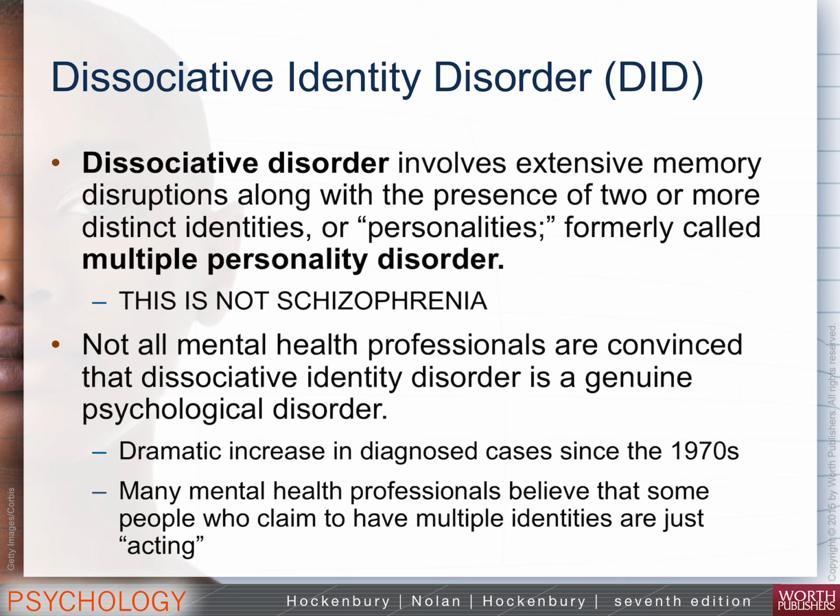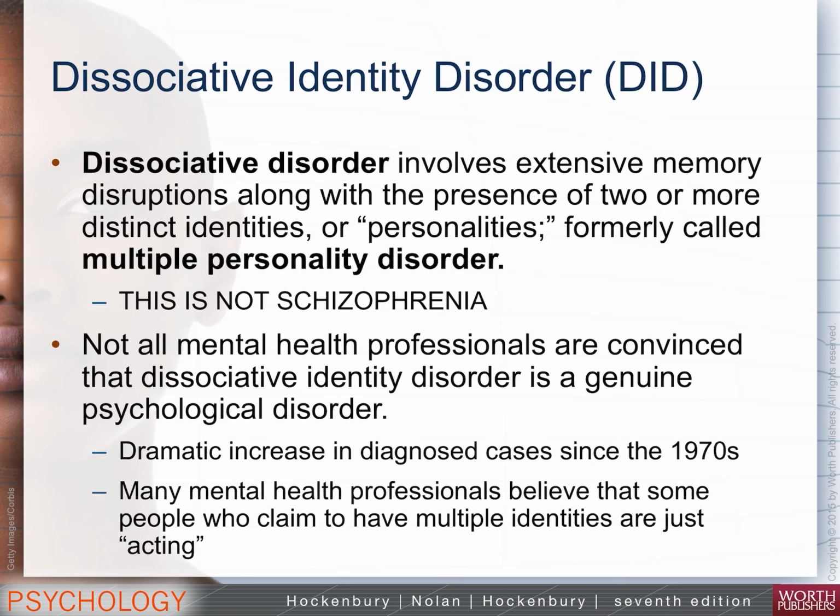A lot of mental health professionals believe that there may be legitimate cases, but there are certainly people who claim to have this who are just acting. And now some causes or theories to explain what dissociative identity disorder is and how it forms.